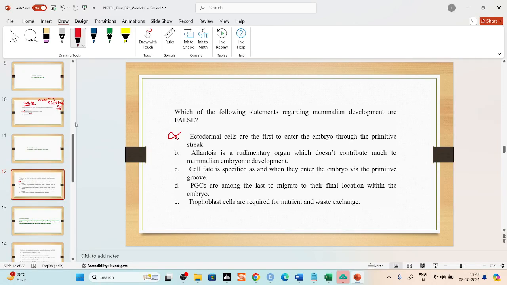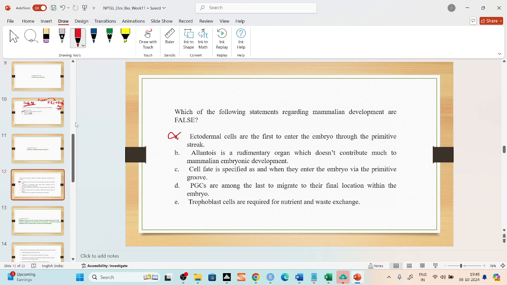We cannot say it is completely true, but in comparison to the other options it is true to an extent, because allantois in mammals is less significant compared to other species like birds. In birds, it is an important organ. Here the question is specifically about mammalian embryonic development.